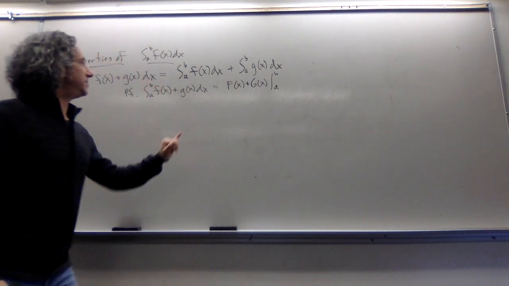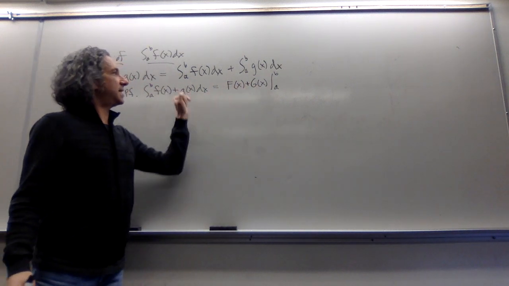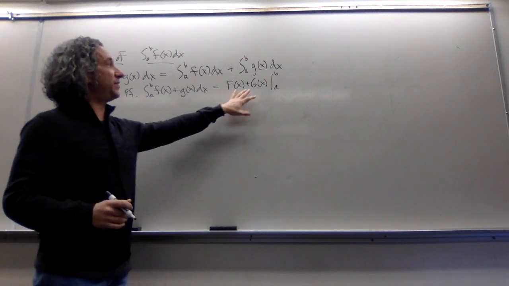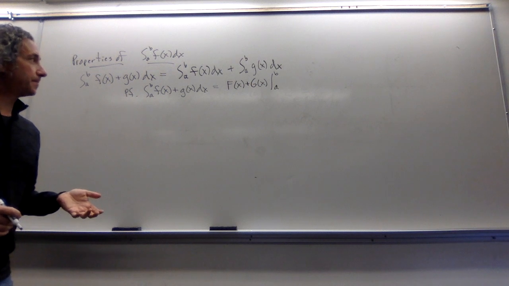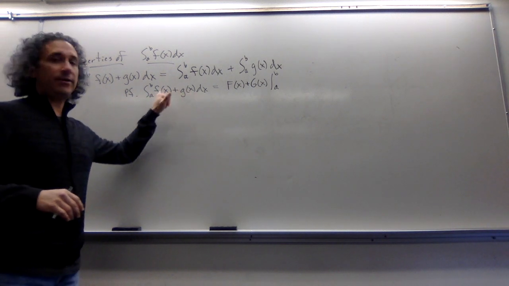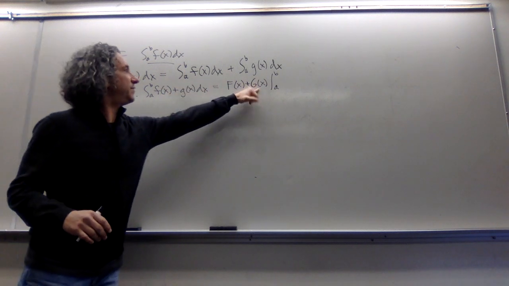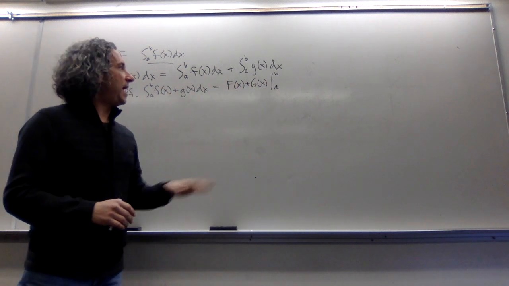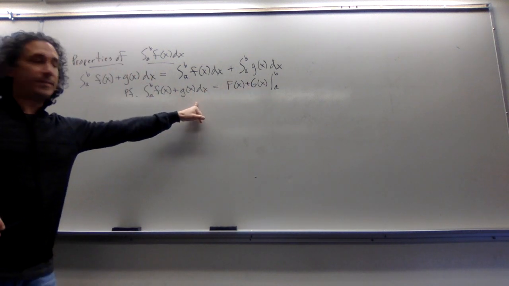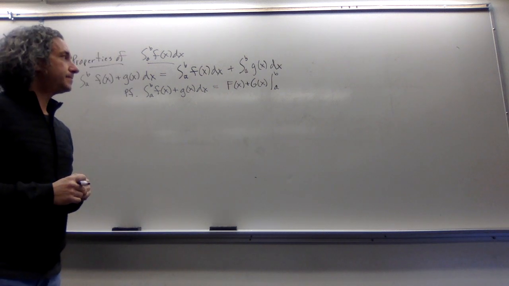What I'm doing is I'm saying the derivative of this guy is this guy, the derivative of this guy is this guy. So we know that that's true because the derivative of a sum is the sum of the derivatives. So hopefully you agree that if I have two functions here and I add them, and the derivative of this guy is this guy, the derivative of this guy is this guy, then the derivative of the sum of that guy will be that guy. So this is the function that we need for FTOC part 1.